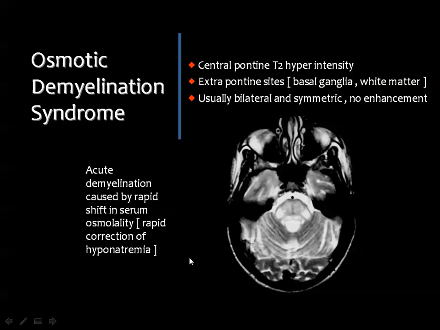And this is known as central pontine myelinolysis or osmotic demyelination syndrome, which is presented in imaging as a central hyperintense lesion within the pons. And some changes similar to that in the pons may occur extrapontine in the basal ganglia as well as in the white matter. The lesions are usually bilateral and symmetric, and if you give contrast, they will not enhance.